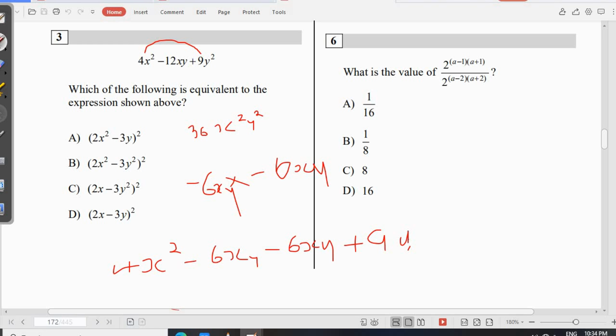Now let's solve that. You have 2 rather into 2x. Let's keep x out. I think we should keep x out here. 2x into 2x minus 3y.